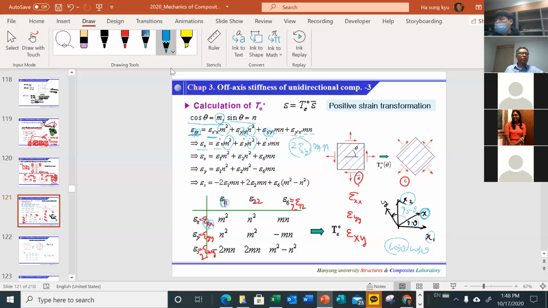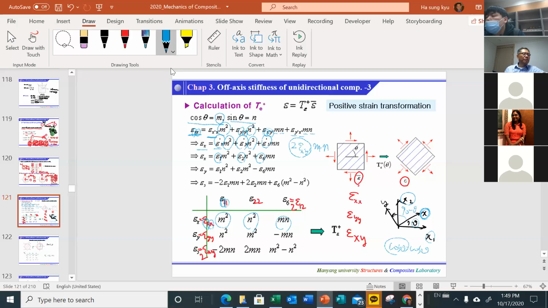But this twice of x prime y prime is now what we call epsilon s. So that's why we have m square, n square, and m times n. Well, we just change the coordinate system. As I said, prime will be the same as 1 to 6. So epsilon 1 and epsilon 2 and epsilon 6.